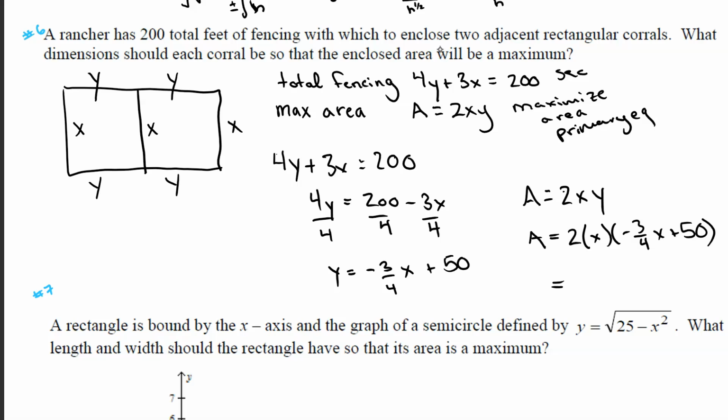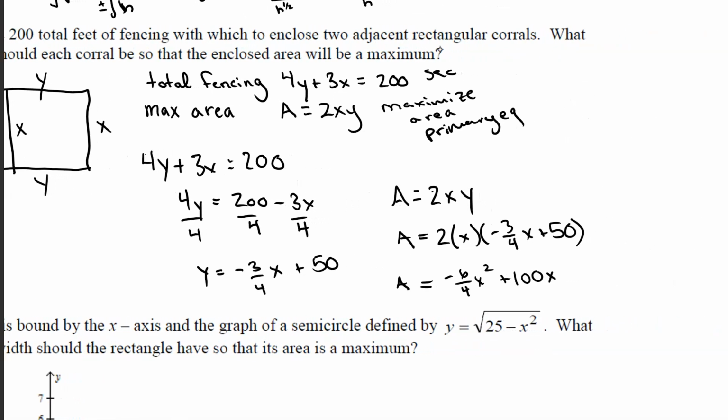When we distribute that, we'll have negative 6/4 x squared plus 100x. Negative 6/4 reduces to negative 3/2. All right, let me just pause for a second here and make sure that's correct. Yeah, we're all good.